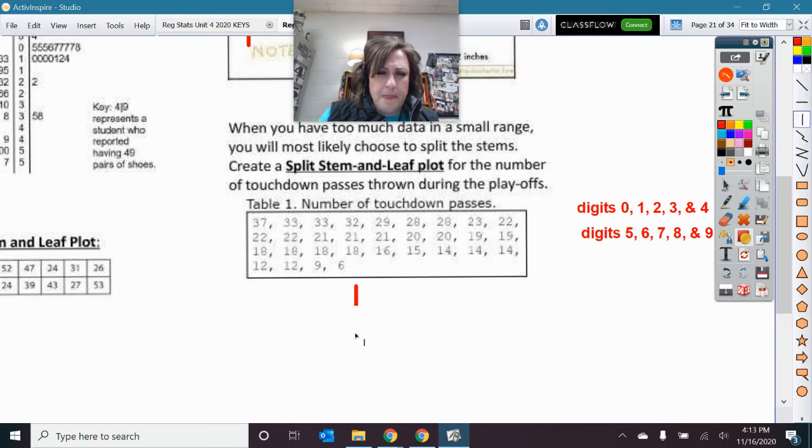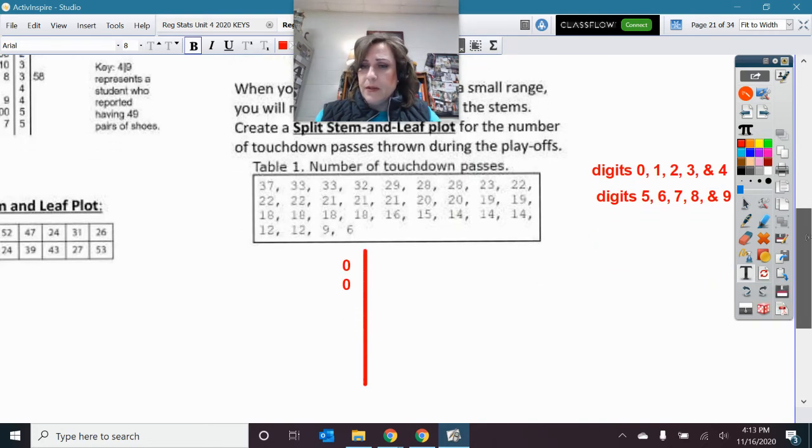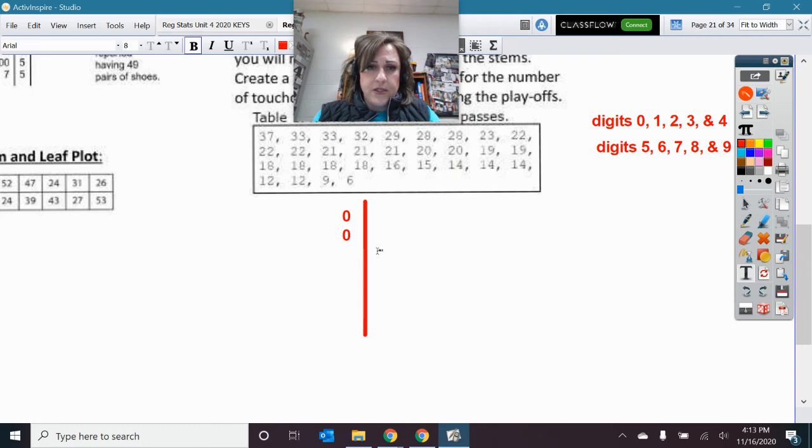So here we go. All right, and so now I'm going to come over here with my numbers, and we're going to go from least to greatest. Okay, so 0, 0. I'm splitting my stem. So then 0, 0, and then 1, 1, 2, 2, 3, 3.